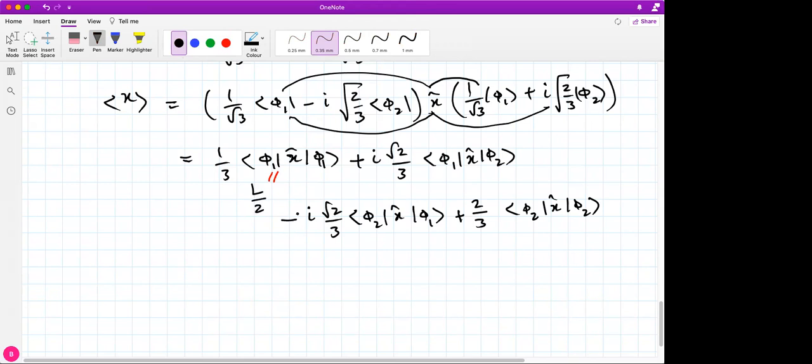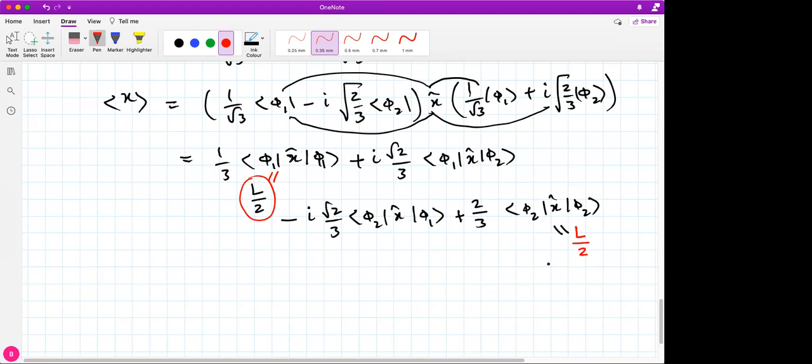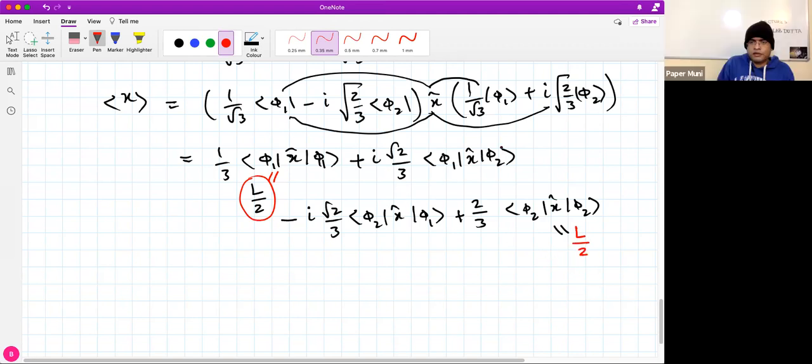We calculated this for any state: the position operator expectation value was L by 2 for a box size of 0 to L. Now what is the value for this expression? This is the expectation value of the position operator in the first excited state. Now this is also equal to L by 2. So remaining is this one and this one.